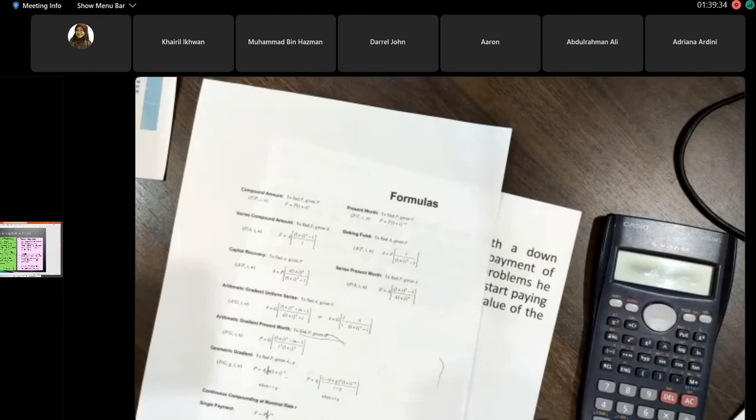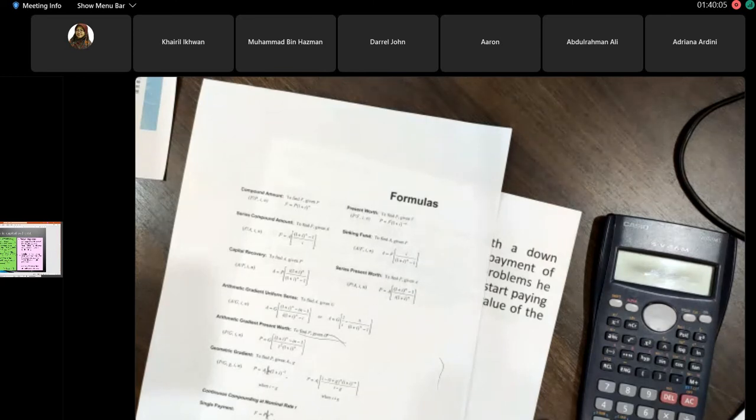Okay. For the recurring costs, for example, the case study is a major rework cost of 50,000 ringgit every 15 years. So it is like an A value. But the A is only every 15 years, not every year.